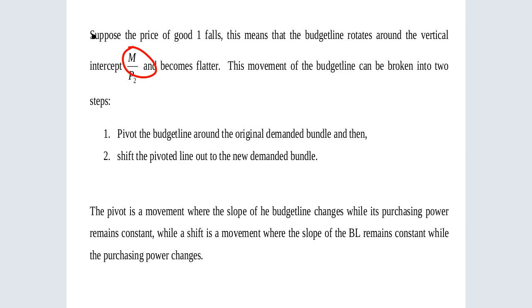Now this movement of the budget line, we can break into two steps. The first step is where the budget line pivots around the original demand bundle. Once it pivots, then it shifts out to the new demand bundle.